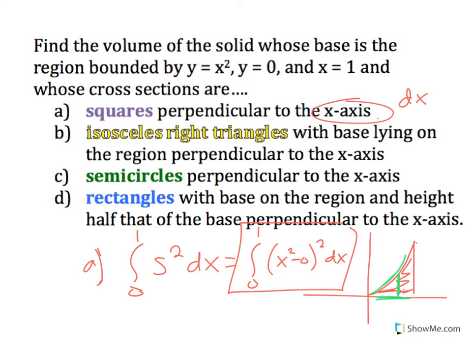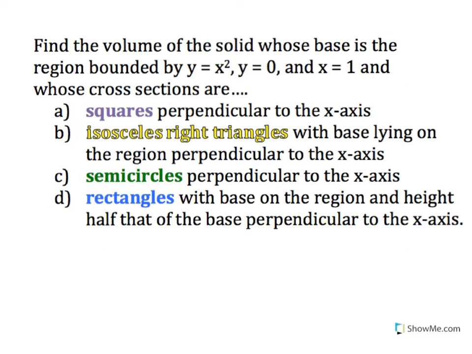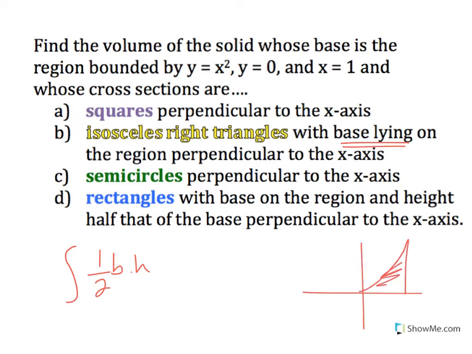Now let's look at what the setup would be for an isosceles right triangle. Since it's a triangle, the setup would be the area of a triangle, so 1/2 base times height. Usually it's assumed that whatever the congruent side is, lying on the region, the height is exactly the same. So if we take a look at that region again, 0 to 1 of x squared. Since it's perpendicular to the x-axis, we know we're going to be doing things with respect to x, so the bounds are still 0 to 1.